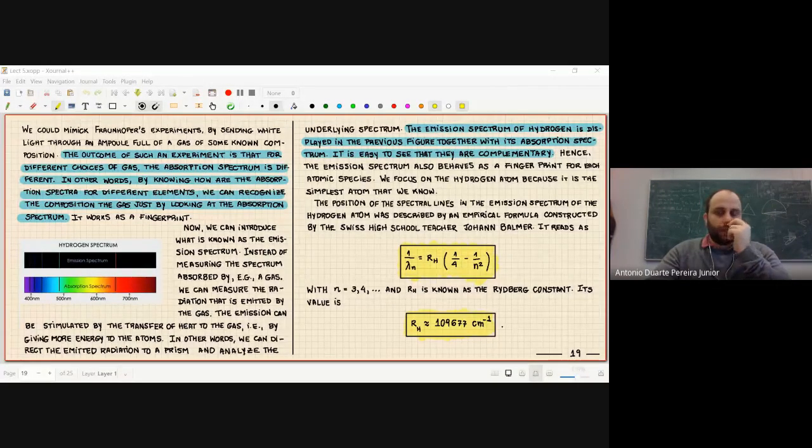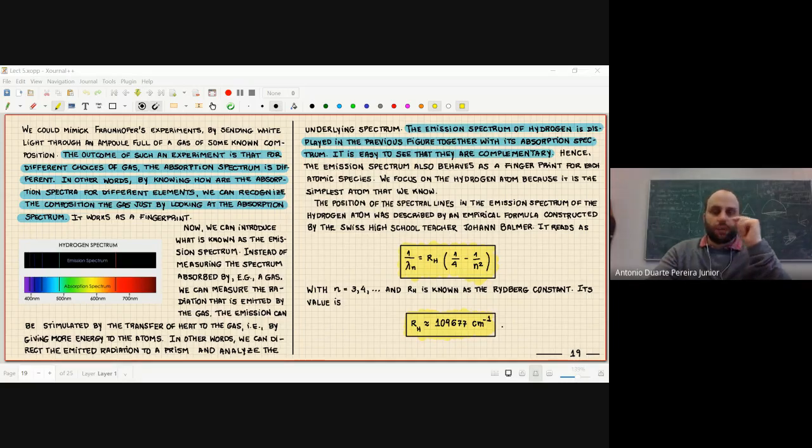And we have discussed that if you repeat the experiment with sunlight, you're going to see the spectral decomposition of sunlight, and that some colors will be missing, right? So you're going to see some dark lines in the spectral decomposition of the sunlight.